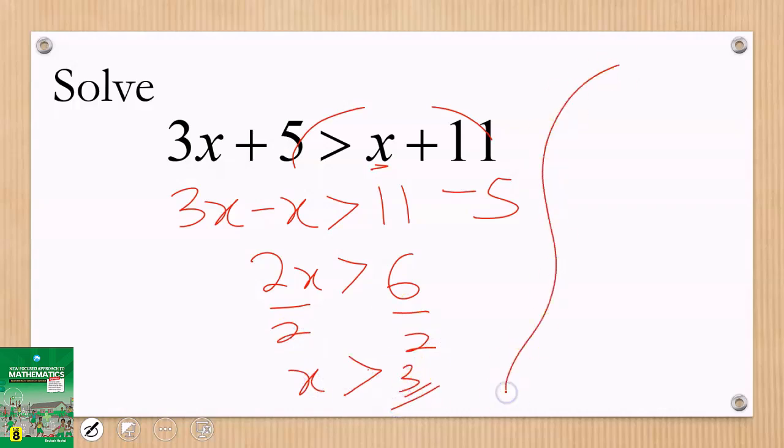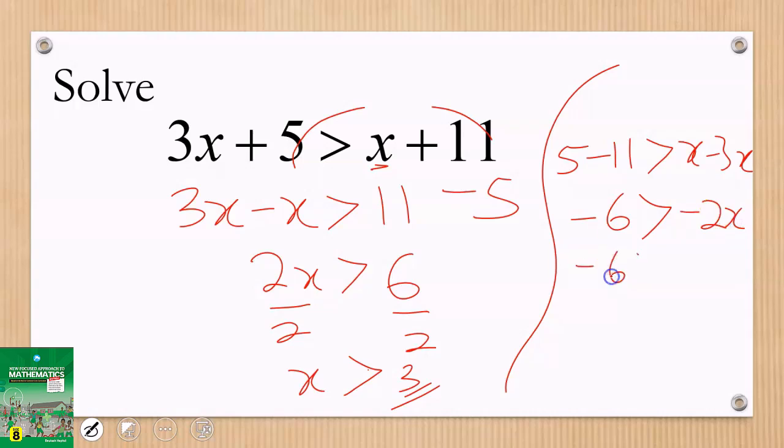Once again, if somebody chooses to group the like terms the other way around by saying I have my 5 here minus 11 greater than x minus 3x, this will give us negative 6 here greater than negative 2x.